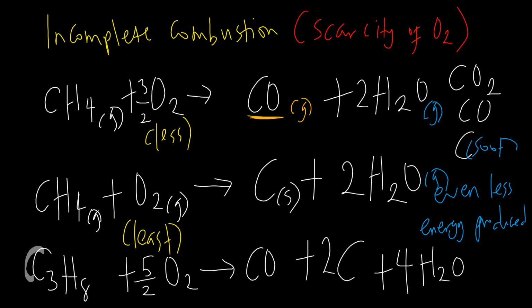That leads to you producing products that are even less oxidized. So generally you have 3 possible carbon products. It can be carbon dioxide, it can be carbon monoxide, or it can be carbon. And keep in mind that this combustion is true for a lot of hydrocarbons, things that have both carbon and hydrogen. It could also be the case for alcohols as well, so things that have that OH group.